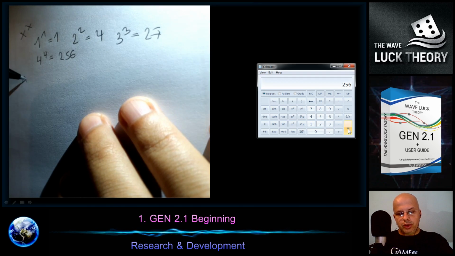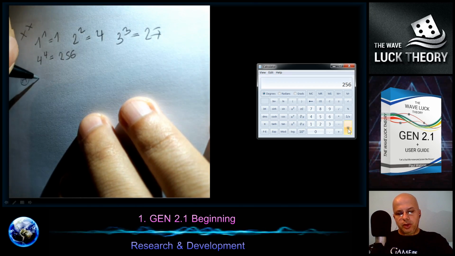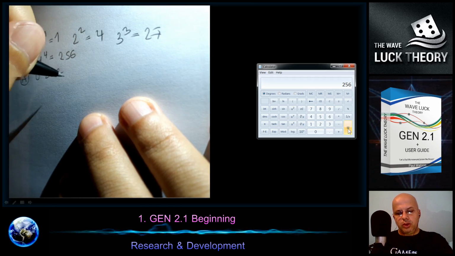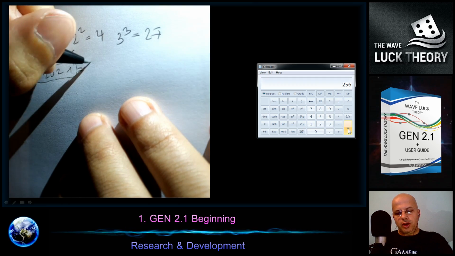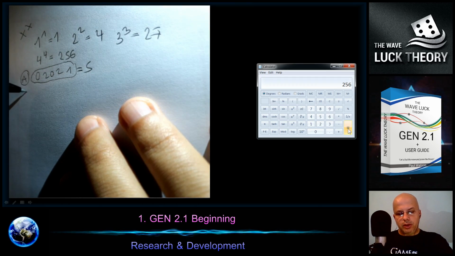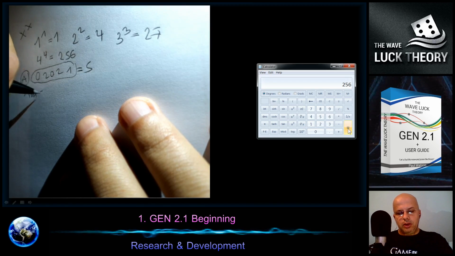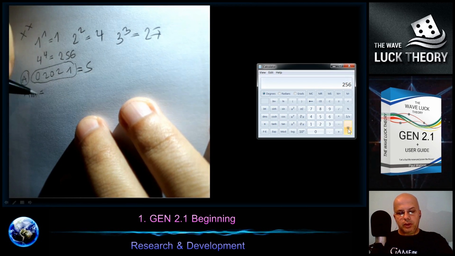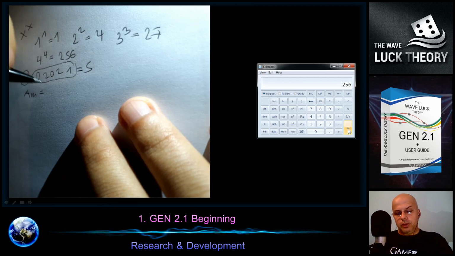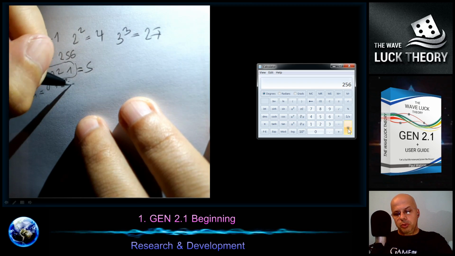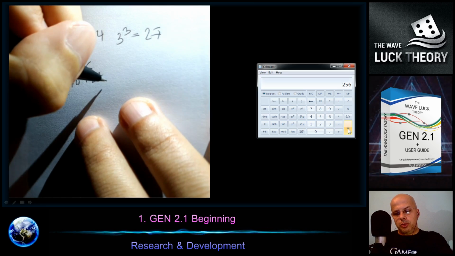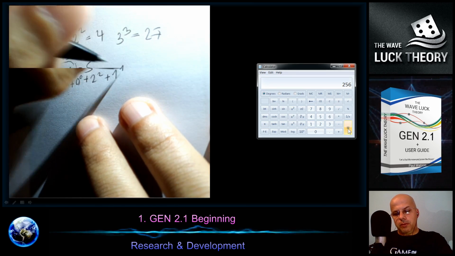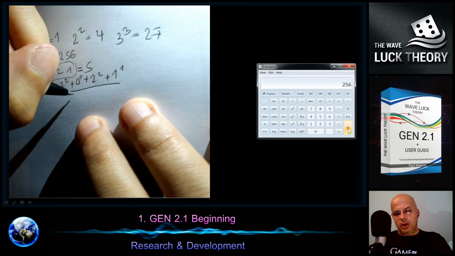So again, the situation for the wave, like we have 0, 2, 0, 2, 1, the sum is 5, and we will write the formula here. So it's 0 on 0 plus 2 on 2 plus 0 on 0 plus 2 on 2 plus 1 on 1, divided by 5.